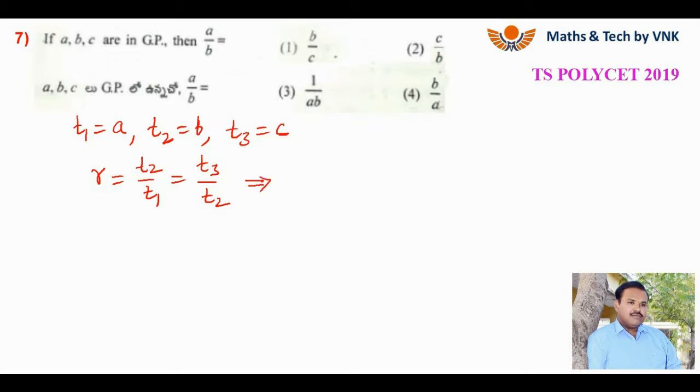So T2 is B, T1 is A, is equal to T3 is C and T2 is B. So we have to find A by B. So we have B by A. So nothing but A by B is equal to B by C. So the correct option is 1.